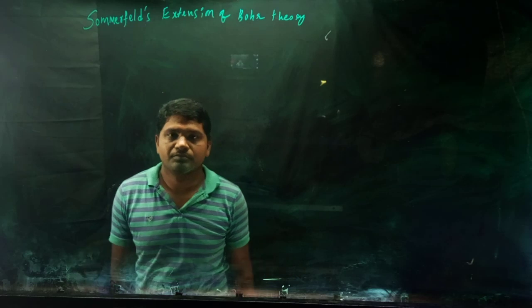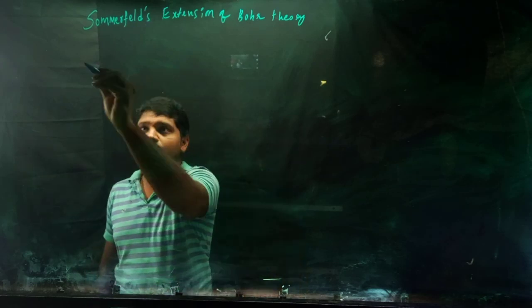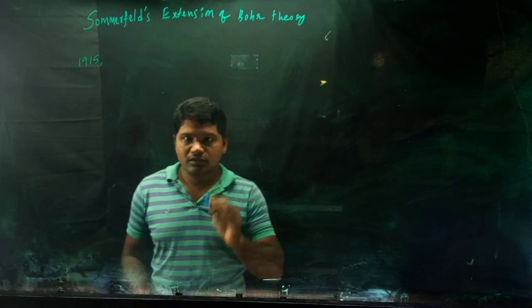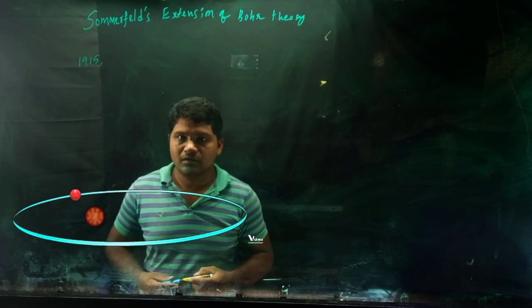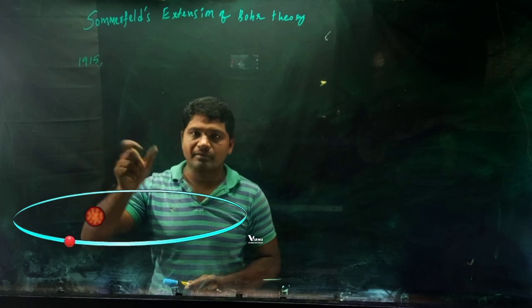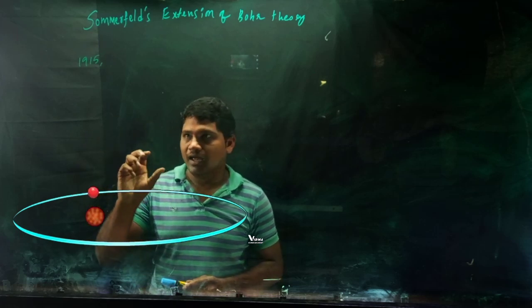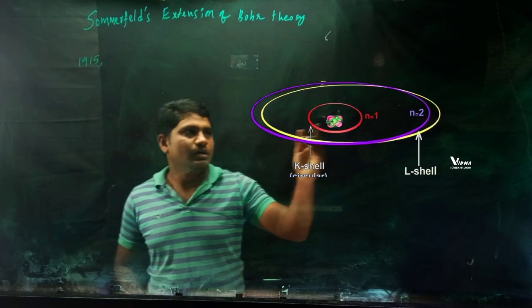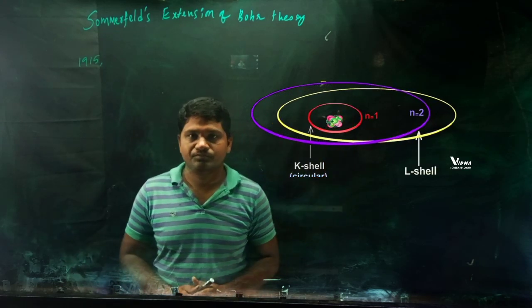Today our topic is the Sommerfeld extension of Bohr theory. In 1915, Sommerfeld proposed that the motion of an electron might describe an elliptical orbit in addition to the circular orbit.